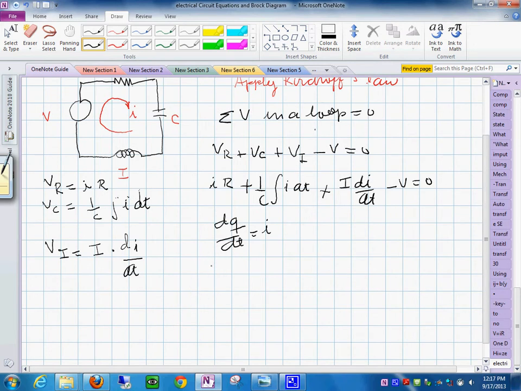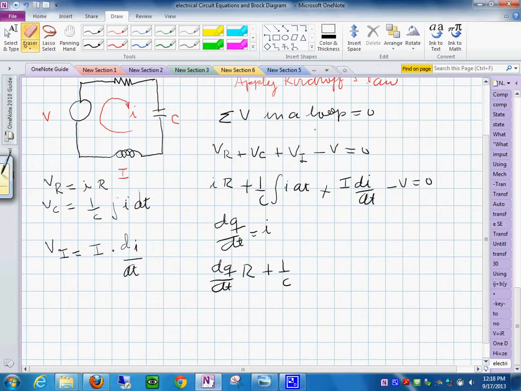So this means dq dt times R plus 1 over C, the integral of I dt is the charge Q. So let's just write it down.